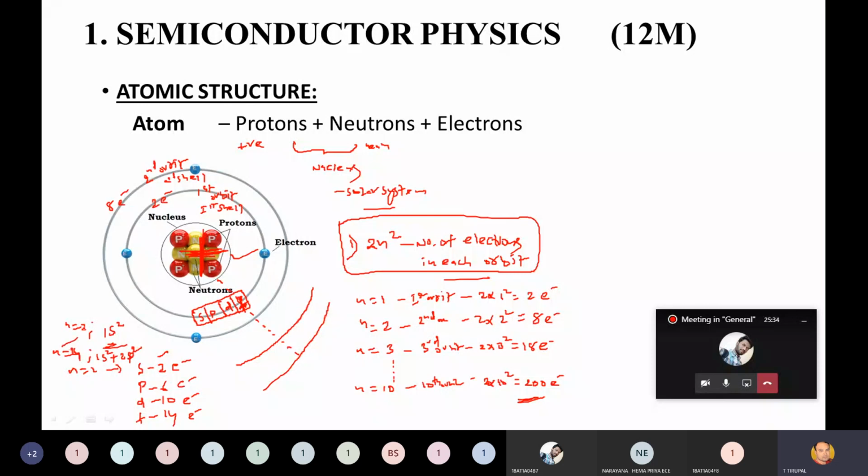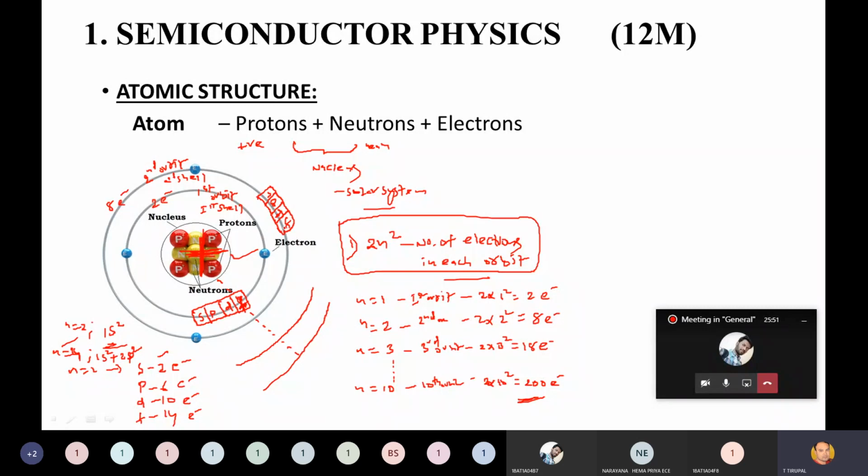So likewise, there are subshells present in each orbit. Here also in the second orbit there are subshells S, P, D, and F.